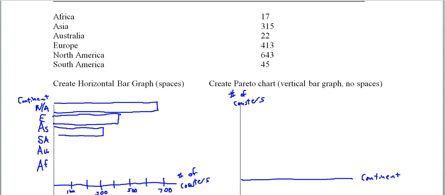I guess if I had time and opportunity and the body that could handle it, I'd love to ride all these things. SA, South America, and that's going to be at 45, so we have a way drop off here. And then AU for Australia, 22. And then Africa, 17. And again, these are just eyeball checks, but you really get a good visualization as to how that works there.